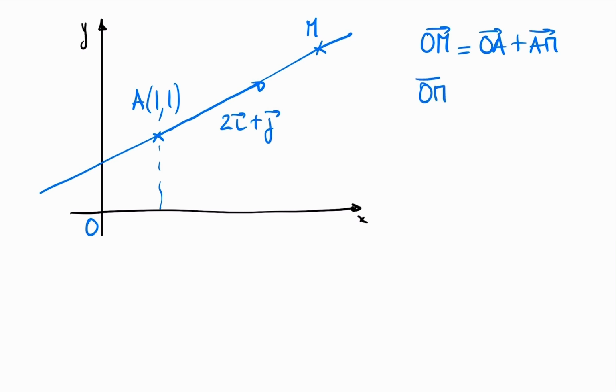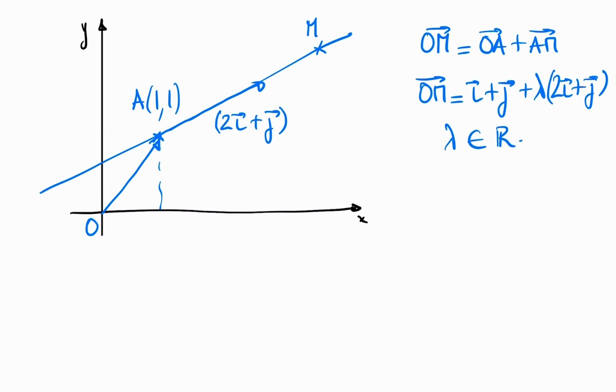So therefore OA is what? It's i plus j. There's this vector here. And then AM, well, it's a multiple of the vector 2i plus j, so it's lambda times 2i plus j, where lambda belongs to R. And so, okay, OM is made of an x component, which is x of t i plus y of t j.